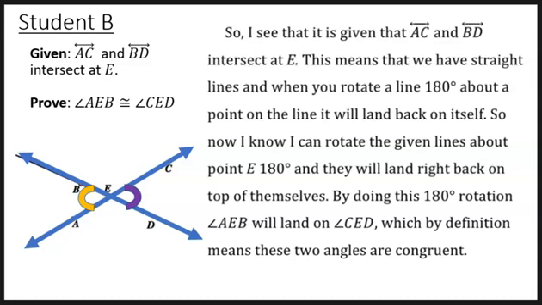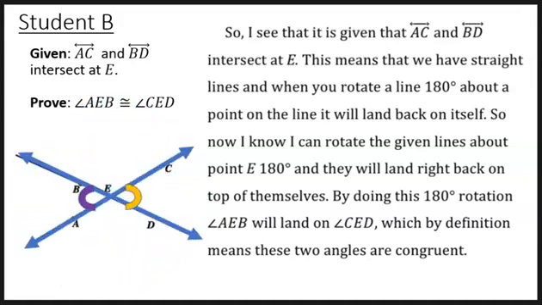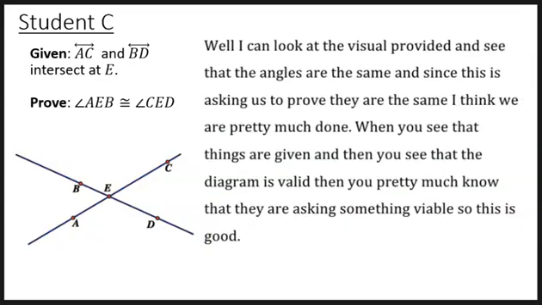They then logically conclude that if you rotate the lines, the angles created by the intersection of the lines will also rotate 180 degrees, making the vertical angles land on top of each other. They conclude their proof by referencing that when you perform a rotation and one figure lands on or coincides with another figure, the figures are congruent. This proof is valid.